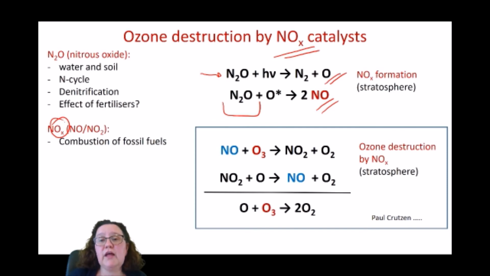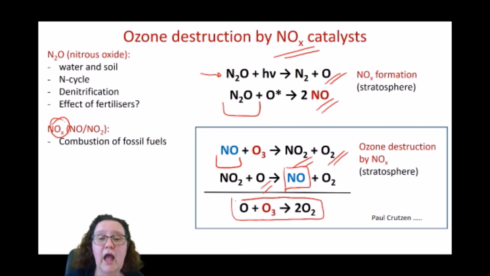And what happens? The nitrogen oxide radical reacts with a molecule of ozone to generate diatomic oxygen, O2, and then the product of that reaction, which is nitrogen dioxide, can react with an atom of oxygen and regenerate the nitrogen oxide radical and produce more oxygen. So the net process is that ozone gets destroyed and oxygen, O2, is formed.